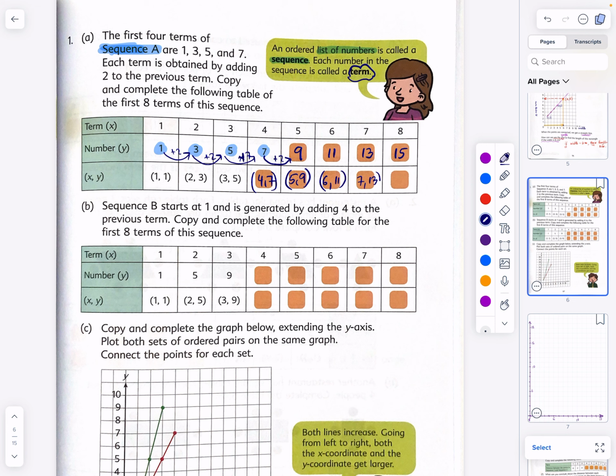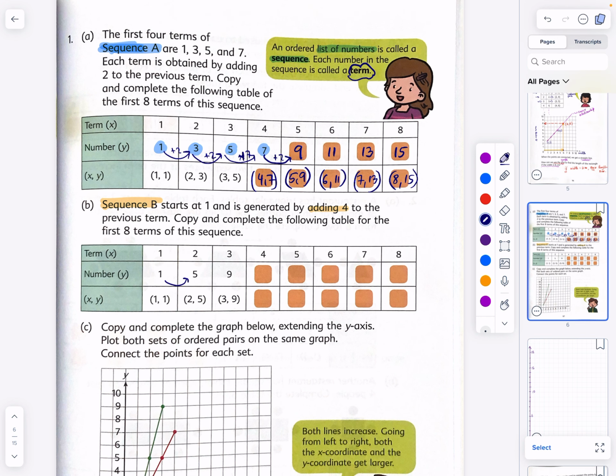Now, on the opposite, we have a sequence B, right? Sequence B also starts with a 1, but it is generated by adding 4 to the previous term. So let's generate more numbers in a sequence. So we have 1, 5, 9, right?